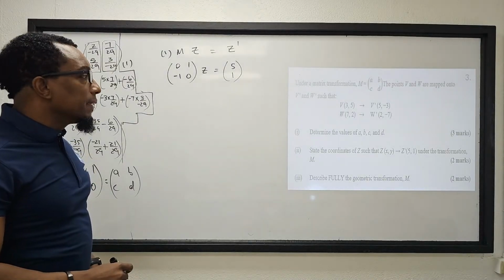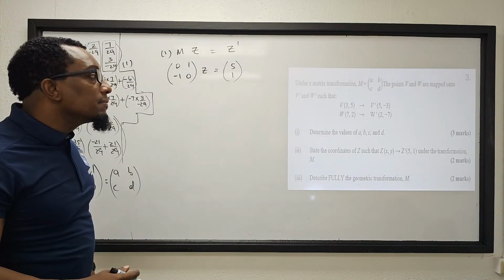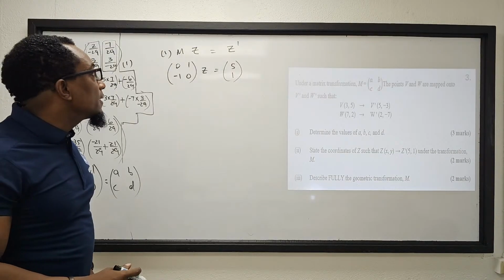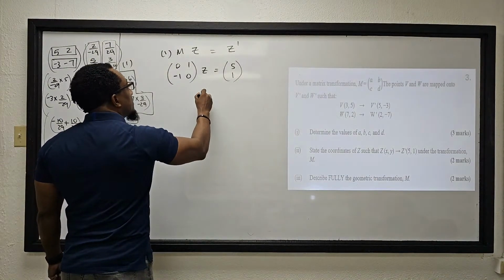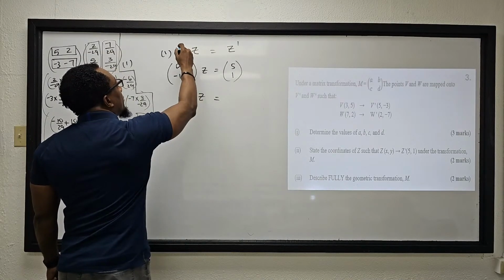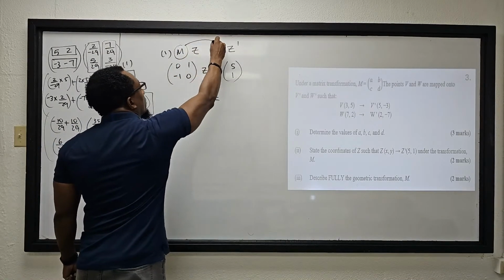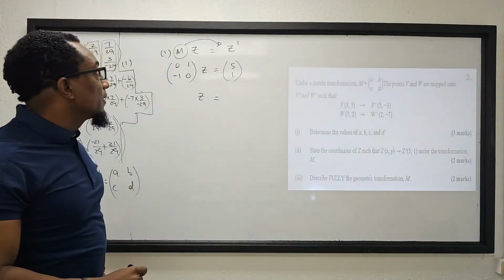So we want to determine Z, right? To state the coordinates of Z, this is what we're going to do. To get Z by itself, it means we have to remove M. And when we remove M, M comes across as M inverse. Good?